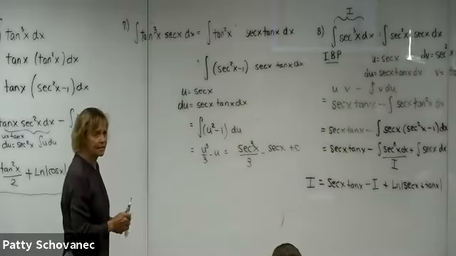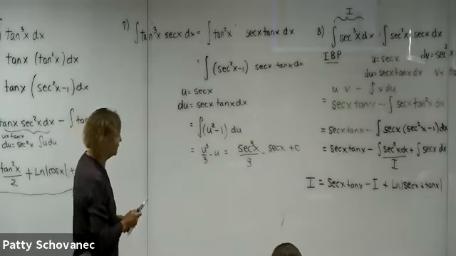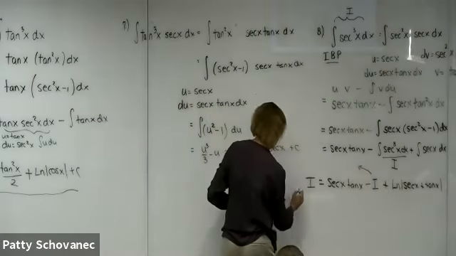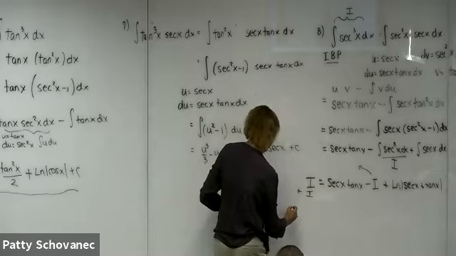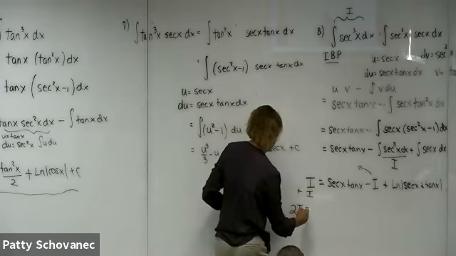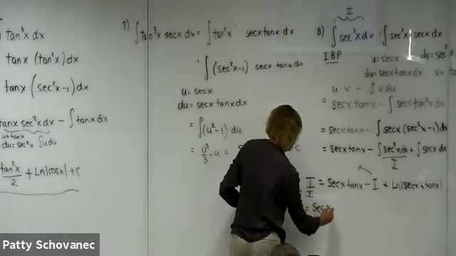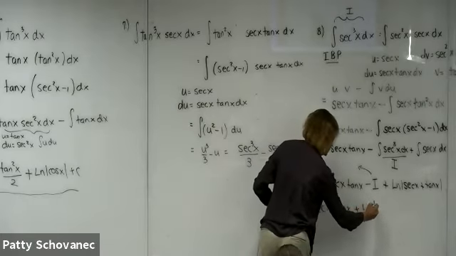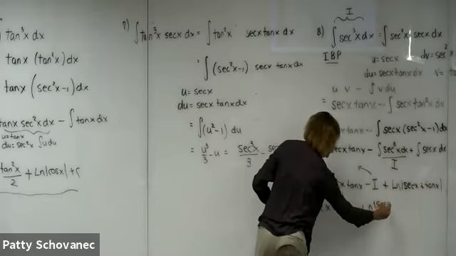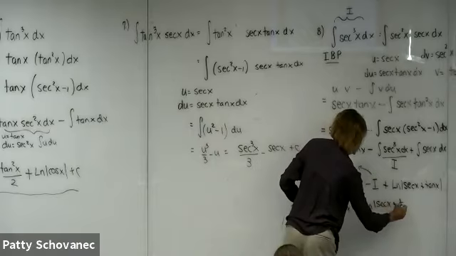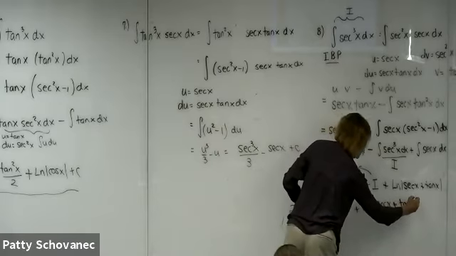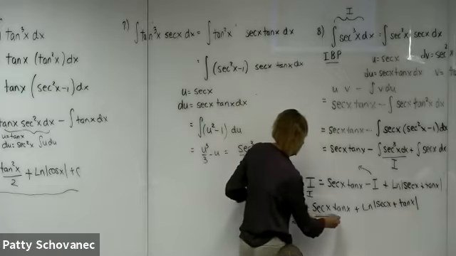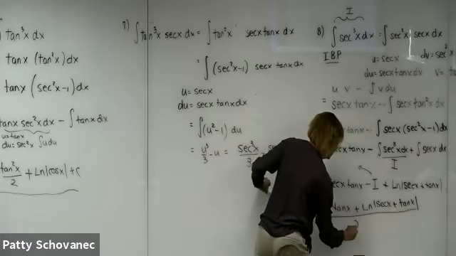So now we're going to treat this as an algebraic equation and solve it for the I. So let's add this to the other side. So we have 2I is secant of x, tangent of x, plus the natural log of the secant of x plus the tangent of x. So if I divide by 2, I have my integral of secant cubed.